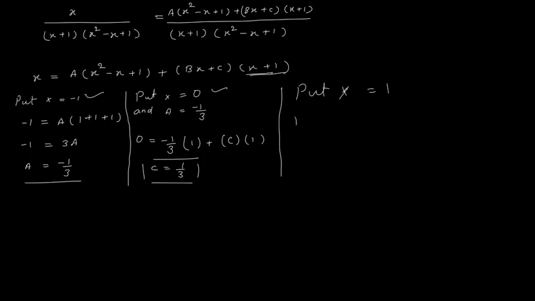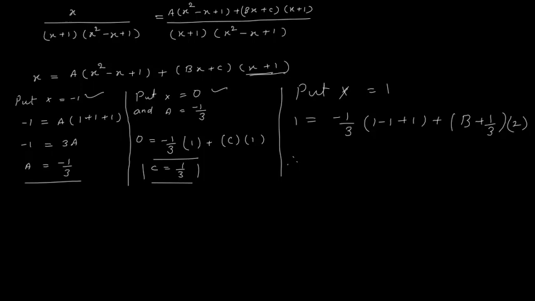So I have 1 equal to minus 1 upon 3, then inside the bracket we have 1 square is 1 minus 1 plus 1. Then I have plus, inside the bracket b into 1 is b plus c, the value of c we got is 1 upon 3, and here x plus 1, so 1 plus 1 is 2.